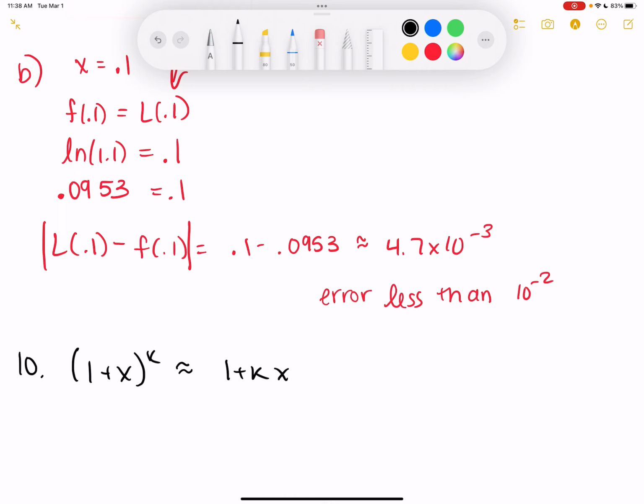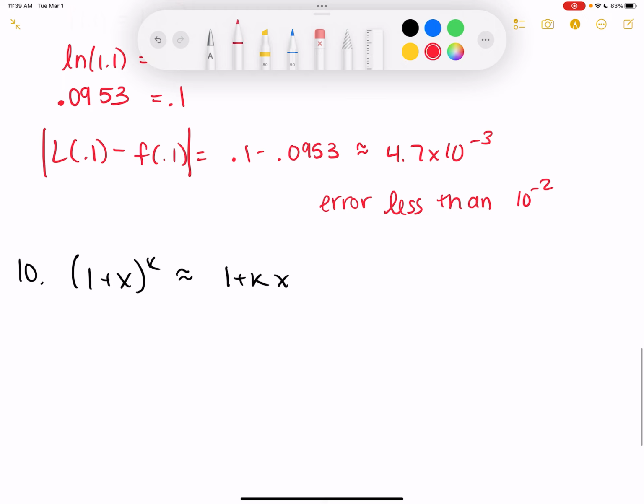Oh, I see what I did. Okay. I had something really weird written on my paper, so I was like, what is happening?